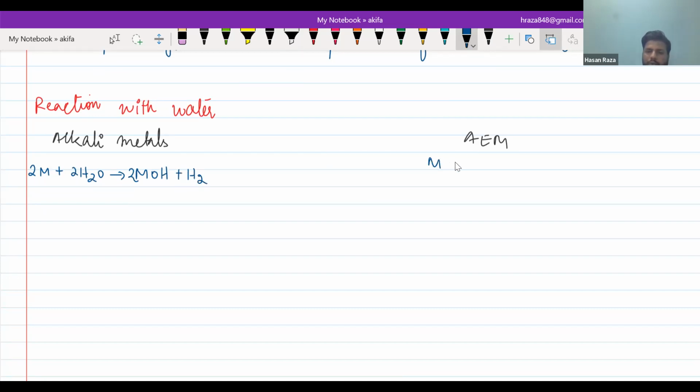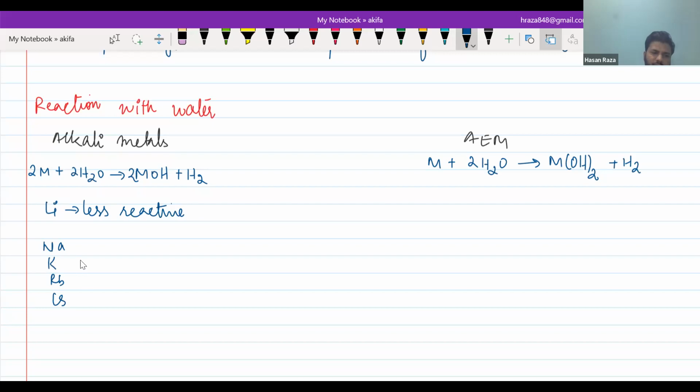And here if you add M plus 2H2O, that will give M(OH) whole twice, because the metal has valency 2 and OH has valency 1, and H2. Lithium is less reactive towards it. As the size increases down the group, reactivity increases.